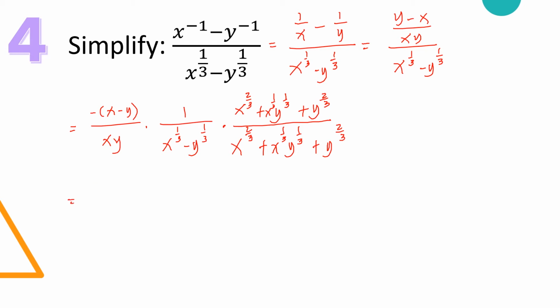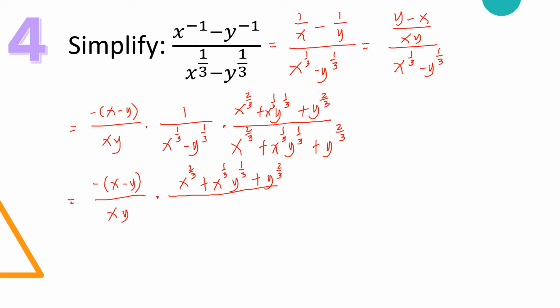Now we have negative of x minus y over xy times x raised to 2/3 plus x raised to 1/3 y raised to 1/3 plus y raised to 2/3.